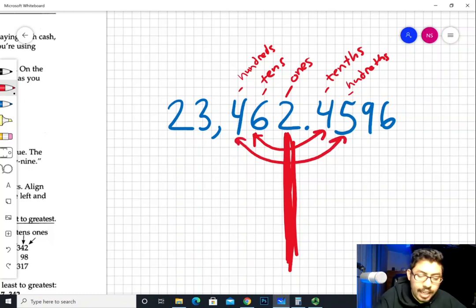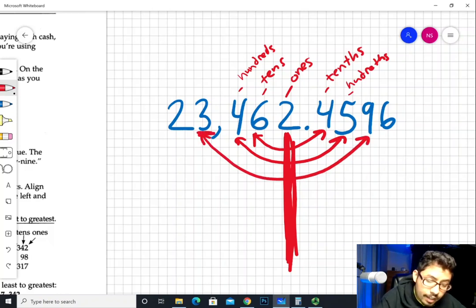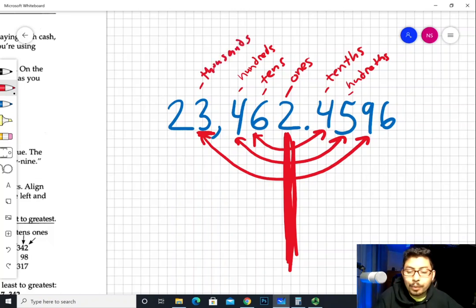Hundreds, hundredths. If I tell you this 3 right here, that spot is the thousands. What do you think this 9 is? The thousandths. Thousandths.